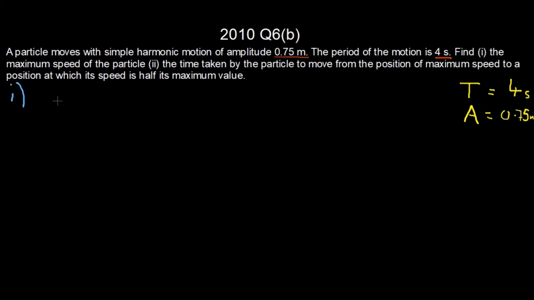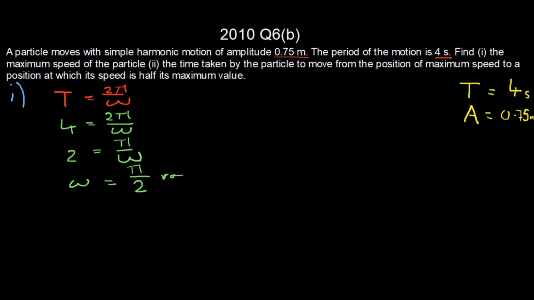Just like last time, to convert from period to angular velocity, we're going to use the formula T is equal to 2 pi over omega. We know that T is equal to 4, so we have 4 is equal to 2 pi over omega. Divide both sides by 2, you get 2 is equal to pi over omega. Cross multiply and you get omega is equal to pi over 2 radians per second.